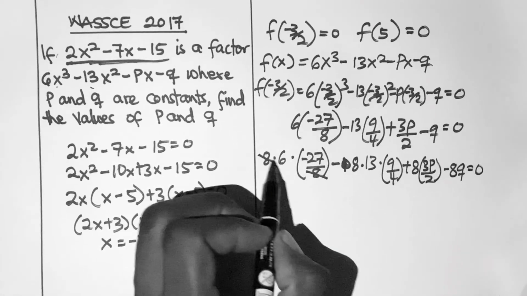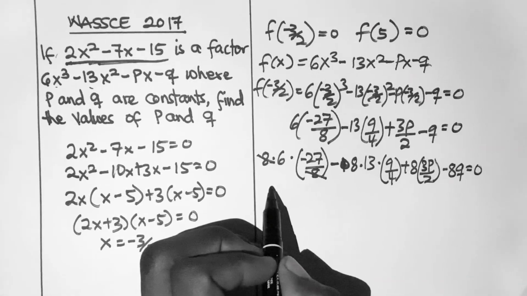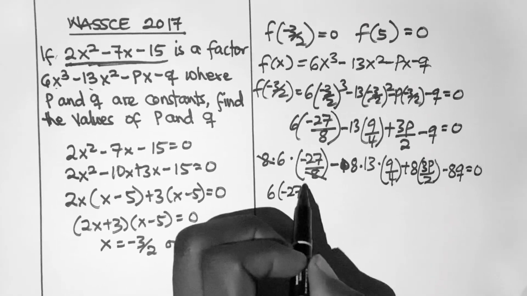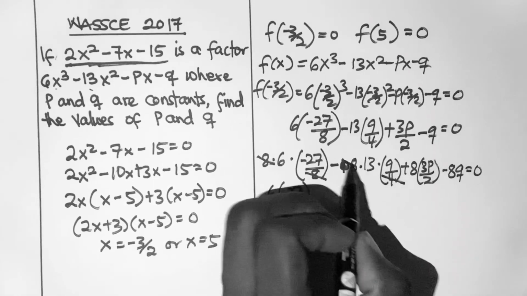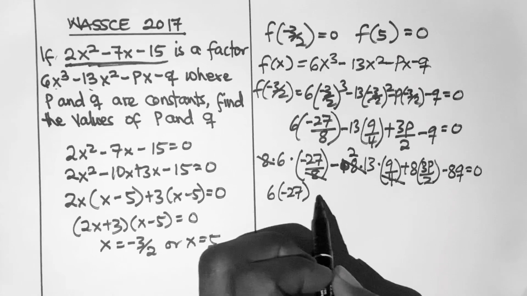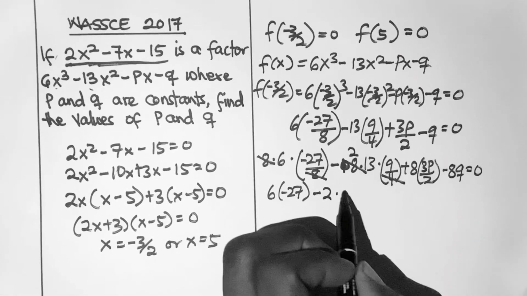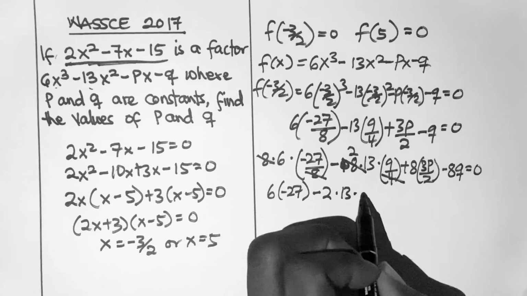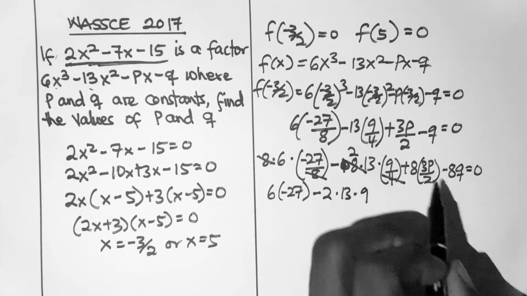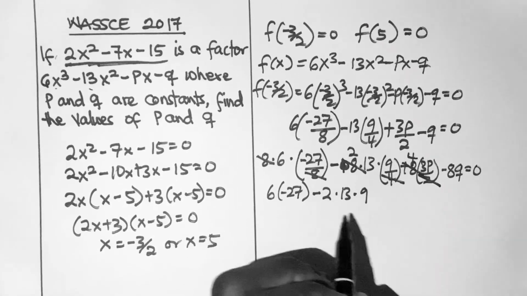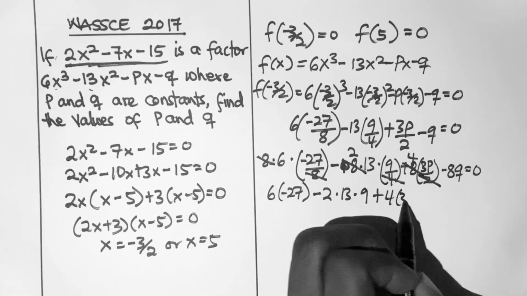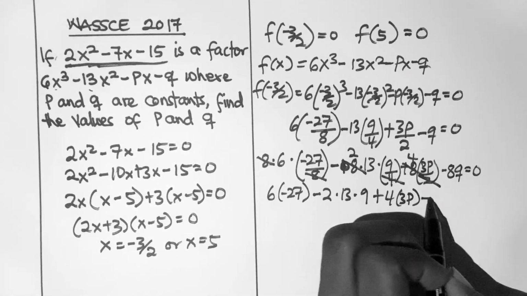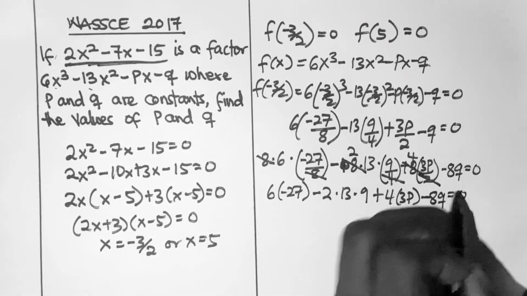So you see that this 8 and this 8 will cancel out. So we are left with 6 times minus 27. Then this 4 will cancel this 2 times. So we are left with minus 2 times 13 times 9. And then this 2 will cancel here 4. So we are left with 4 times 3p minus 8q equals 0.